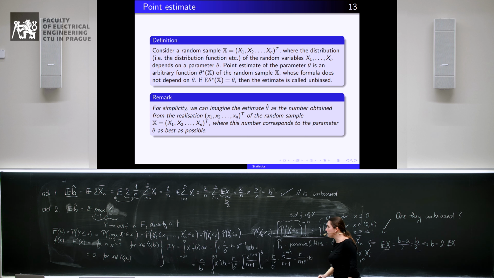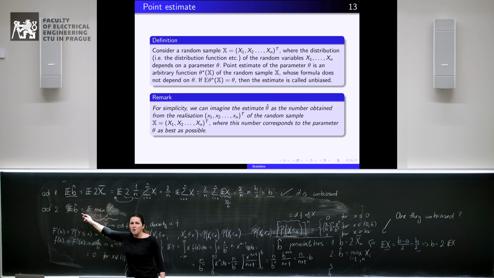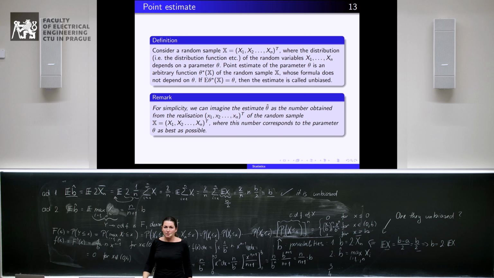Yeah? And it is the problem, because we wanted the expected value of the estimate to be equal to b, but it is equal to n over n plus 1 times b. So it means that it is a little bit smaller than the real parameter b. And what now?